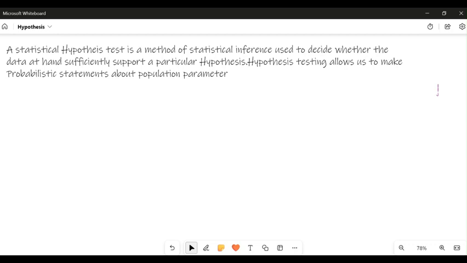In this video, we are going to see the concept related to testing of hypothesis. In this series, I will be covering all the tests, different types of tests like Z test, T test, chi-square test, F test, ANOVA test, with examples, and then the p value, the significance value, the type 1 error, type 2 error.